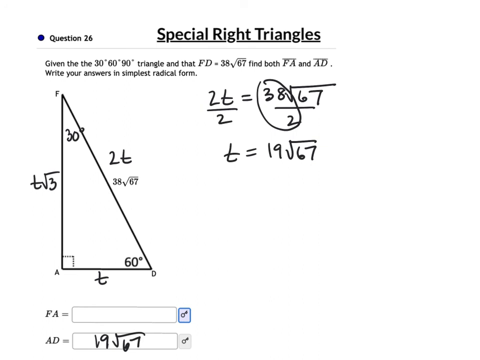FA, t root 3, is 19 root 67. That's my t. Remember, it's t root 3 times root 3.